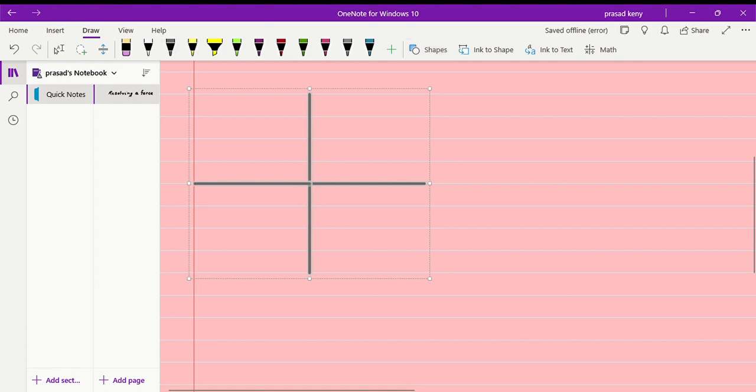Now, suppose a force acting on a particle situated at the origin is 10 Newton, and it is making an angle of 25 degrees with the horizontal.